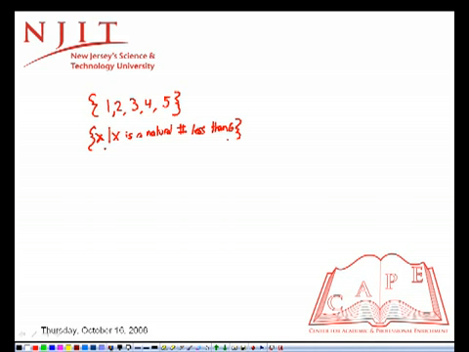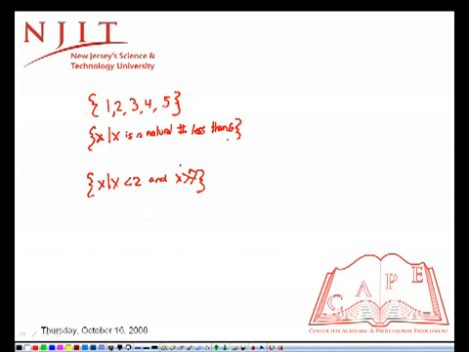Sometimes in a set, we have conditions that can't be met. Here's an example. In this particular situation, we're asked to find a set.